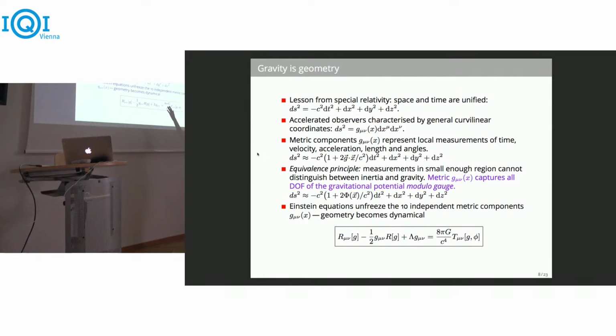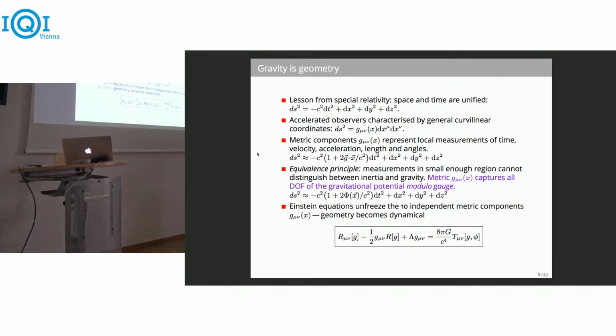And these are the components g mu nu of the metric tensor. For instance, if we transform ourselves into a constant accelerated frame, what we find is that to leading order in 1 upon c squared, the time component of the metric tensor picks up space dependence.